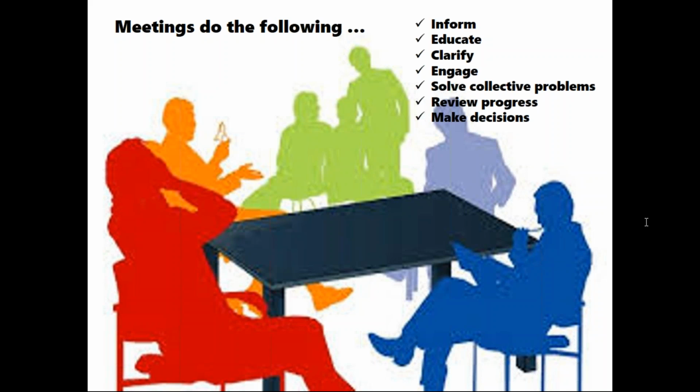But some meetings are there to inform. So if you've got new legislation coming in, there might be a briefing session where we're informing people about how that new legislation might be affecting local government and how it might affect the way people conduct their business. So we have information meetings, and normally those meetings are one way, in the sense that the meetings are very much about the presenter presenting, usually an expert presenting on something.